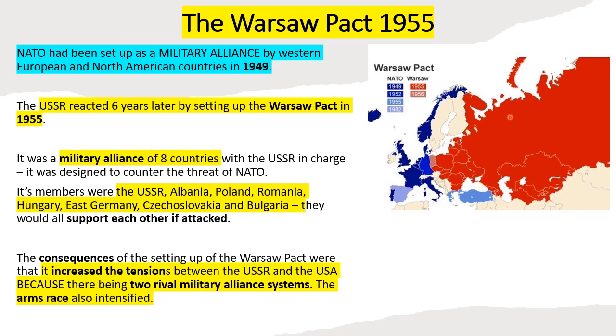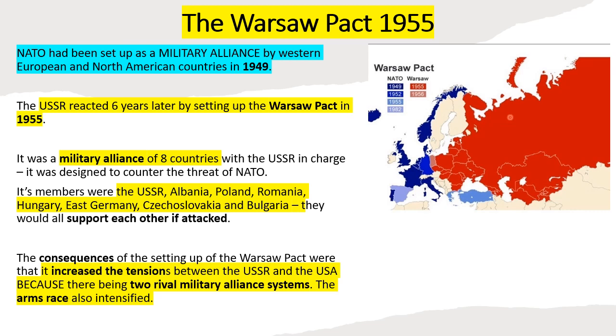Places like Albania, Poland, Romania, Hungary, East Germany, Czechoslovakia, and Bulgaria. They all joined this military alliance that was the Soviet version of NATO. All of them agreed that if any of them were attacked by NATO states, highly unlikely, but they would all support each other. So you had two massive military alliances either side of the Iron Curtain now, okay?